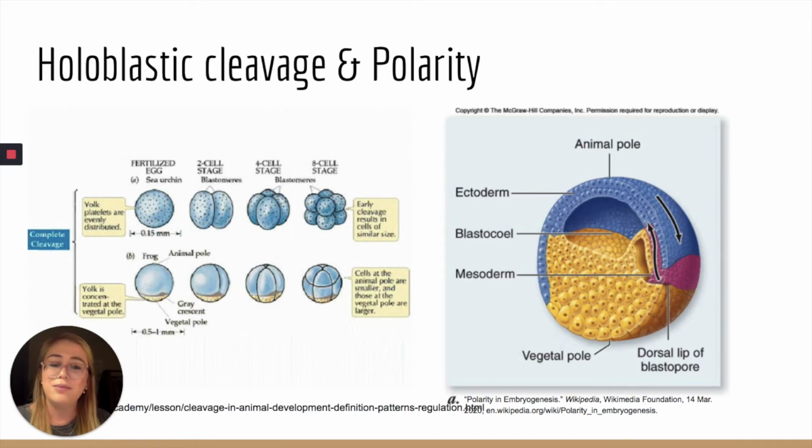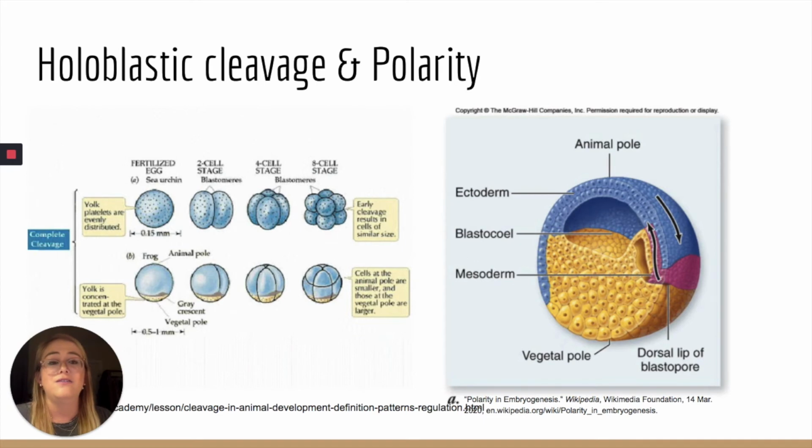That part is going to develop more into the structures that give nutrients to the organism, so it's not as important that we're dividing rapidly here, whereas the animal pole is the active side, what's actually developing into the organism itself.